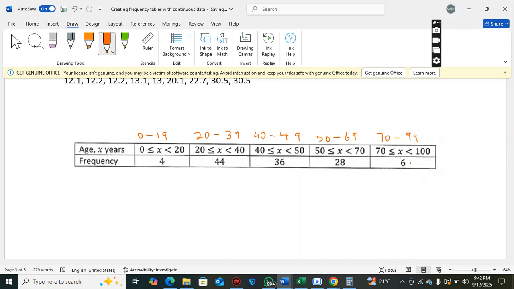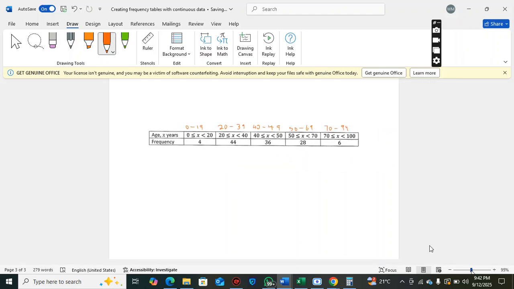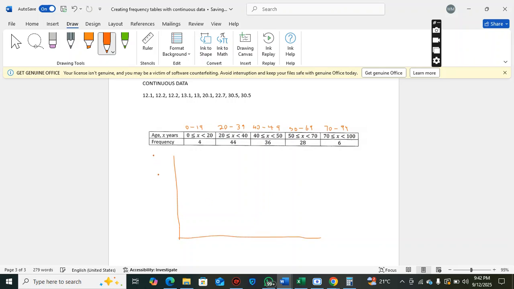Okay. So if we have to make a bar chart, the bar chart will look like this. On your y-axis, you have the frequency. On the x-axis, you have the age in years. So you're going to say from 0 to 19.